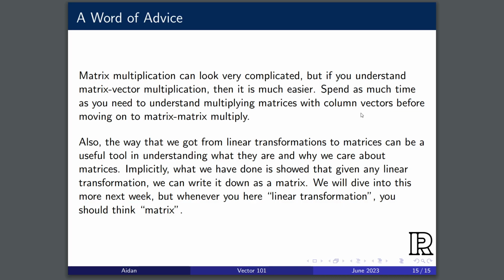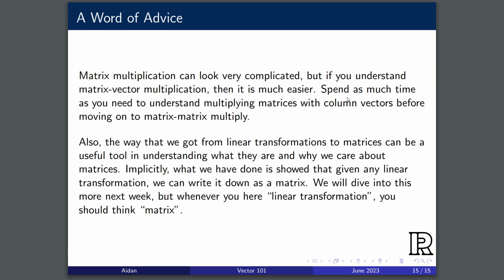And the whole way that we derived these matrices, the way that we started with linear transformations, and then talked about applying linear transformations to each of the standard basis vectors to get the columns of a matrix, this is very useful, and this is basically why we care about matrices.